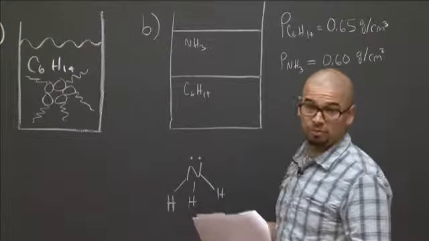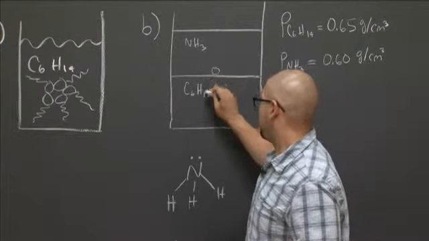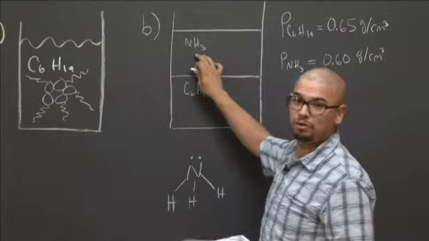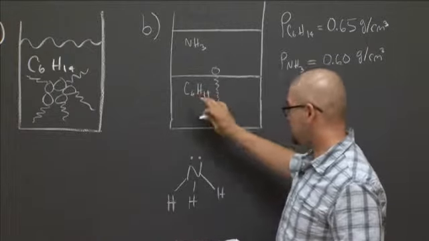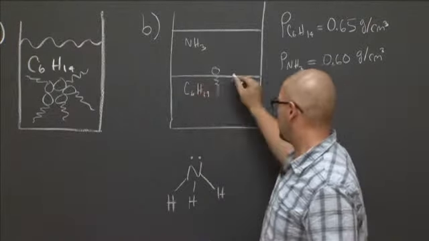So one possible arrangement for this system would be that I would have the polar part of my molecule interacting with the ammonia, and the hydrocarbon chain, which is the nonpolar component, interacting with the nonpolar mixture.